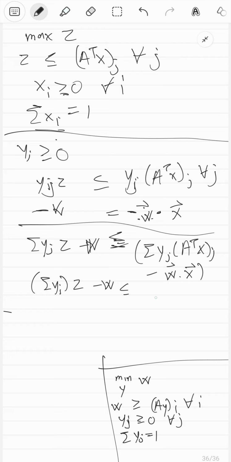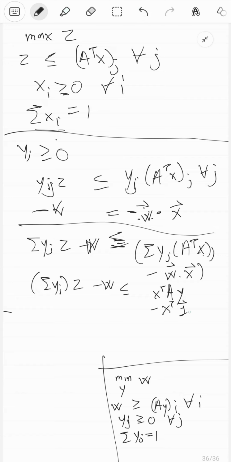That's the dot product of the y vector and A transpose x, which is just x transpose A y. And over here I can write minus x transpose times w times the 1 vector.